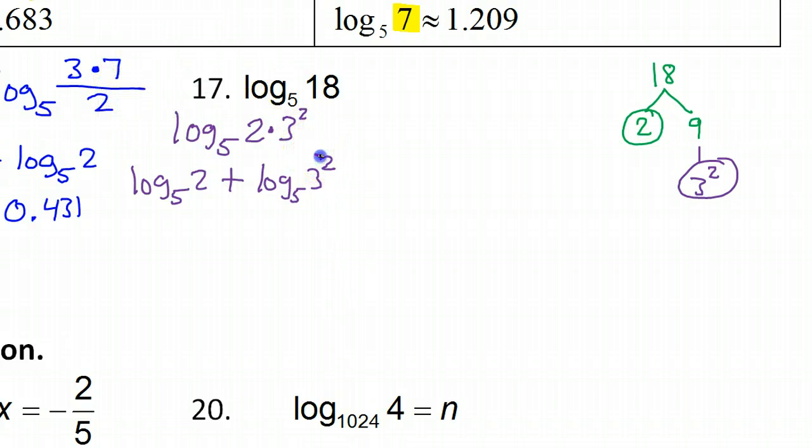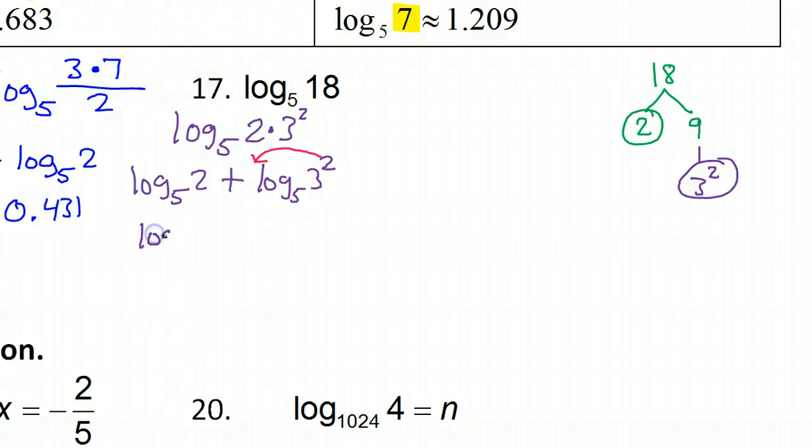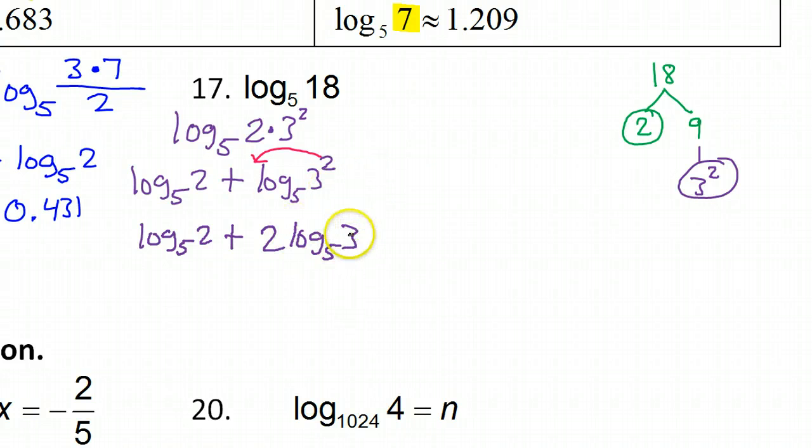Now this power, of course, is going to wind up going in front according to the power rule. So really we will have log base 5 of 2 plus 2 times the log base 5 of 3. Now if you do it the other way, you should get the same answer as me, because obviously 2 times something is the same thing as adding it up.